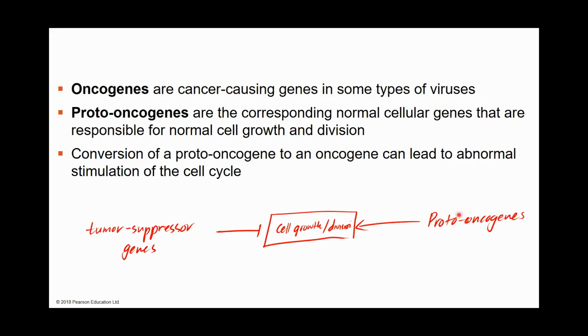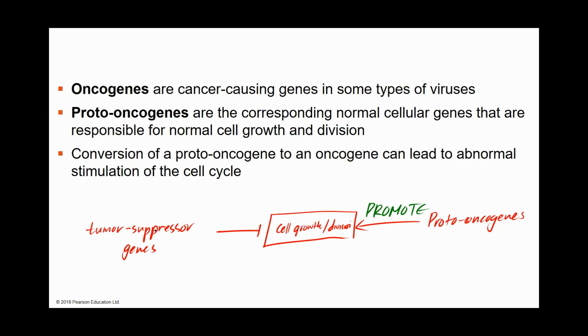So this arrow indicates that proto-oncogenes, their function normally is to promote cell growth. So here we have these genes, their products promote cell growth and division.